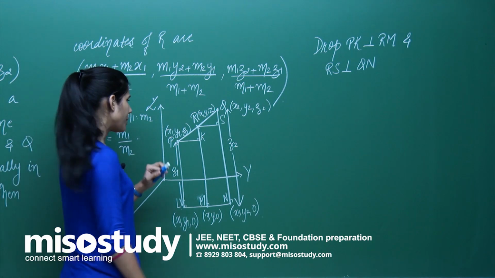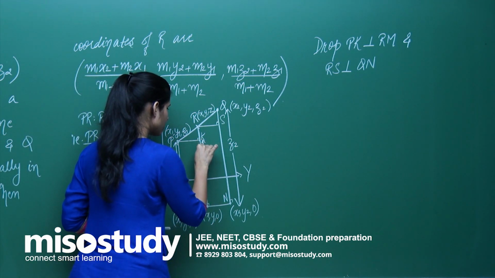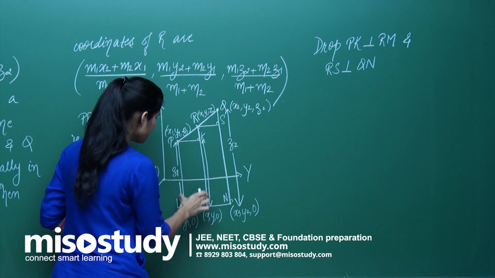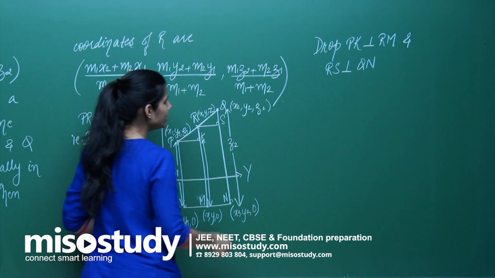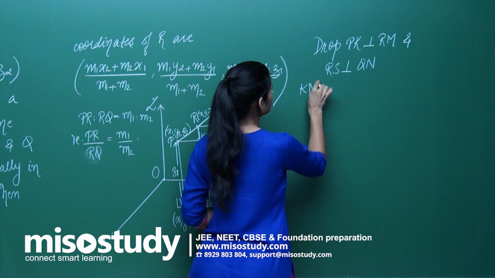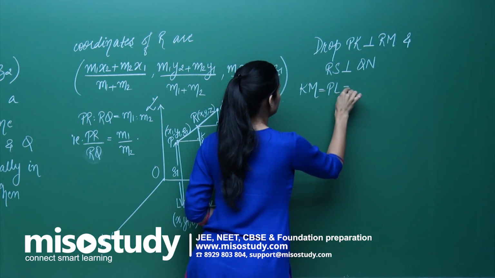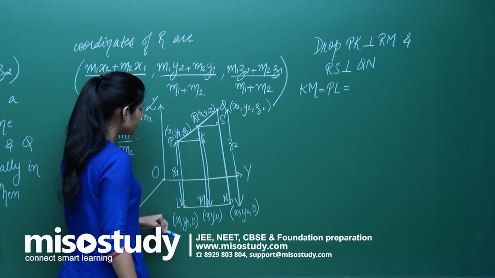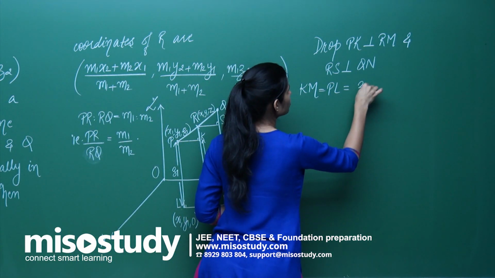What is RK? For that, understand what this distance is. What is KM? Now KM and PL are equal in length. You can see in this figure, PL is z1, so KM is also z1.